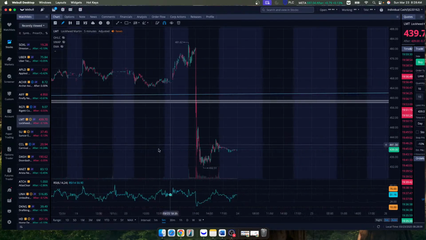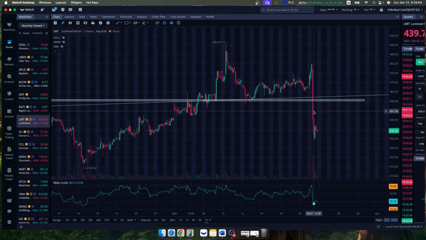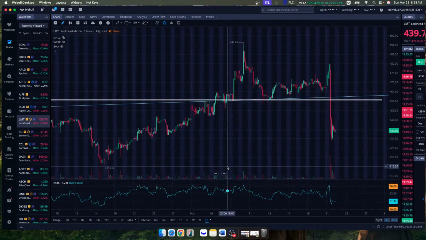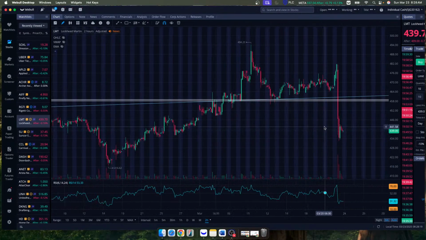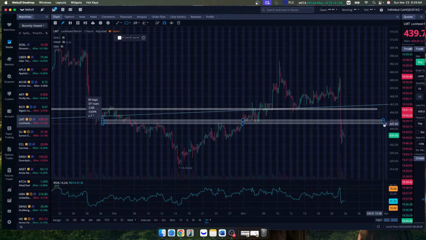So be cautious. LMT is potential. It's going to consolidate here probably. Or are we going to get that push back up maybe to 450 and then reject? I think if you're going to trade LMT, I actually really like that idea of trading the previous support levels. That clearly was not anything.